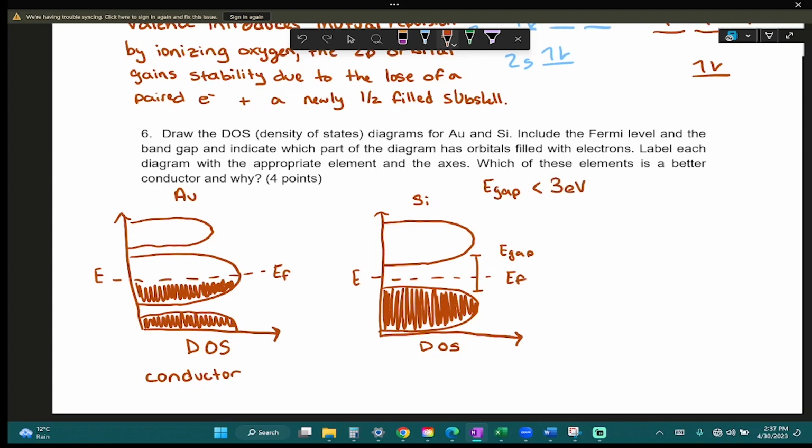Now, when we're looking at both of these materials, which one do we think is going to be a better conductor? The one that's a conductor or the one that's a semiconductor? The one that's a conductor, I love that. So yeah, our gold is going to be a better conductor, because it's metal.